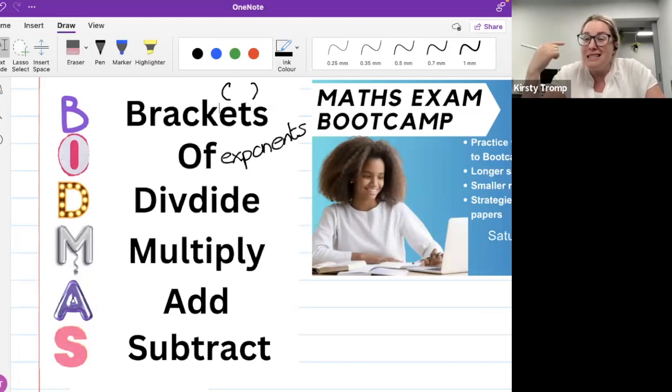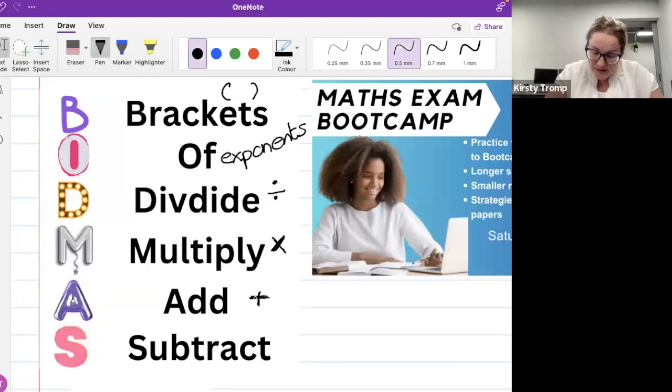Right. What does the D stand for in BODMAS? The D stands for divide. So if we see divide in our sum, we know we've got to do divide next. Multiply, that's when we have our times. Add, we know that add means plus.